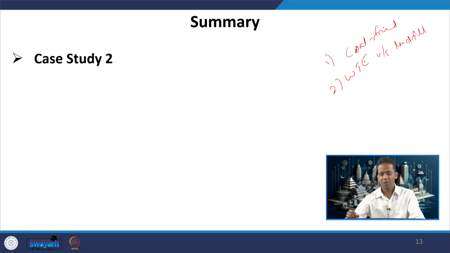So, one case study was just to find the total environmental impacts by doing LCA for a given system, and the second was where we do LCA of one given system and compare it with an alternative which is traditionally existing for municipal solid waste, that is landfill, under the different impact categories. Okay. So, two types of case studies we have taken, and both of them are related to different components of the environment. So, it can well go along with the other concepts that you learnt in this course.